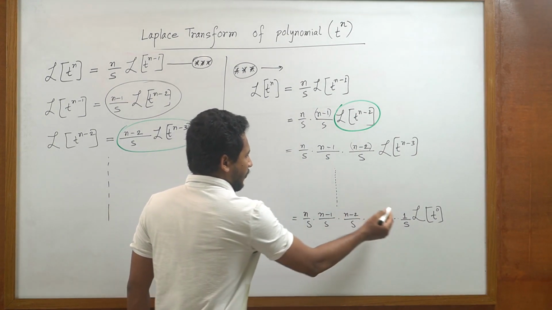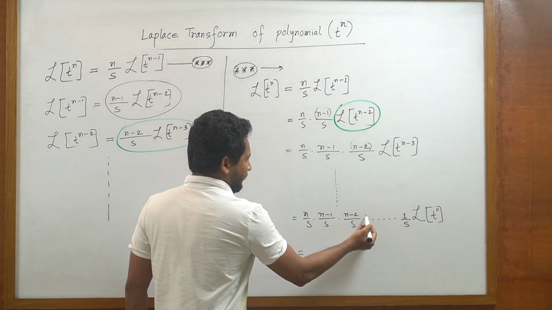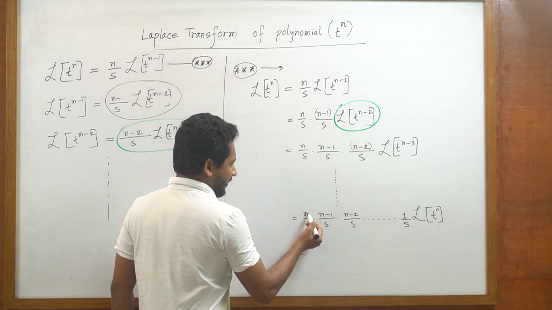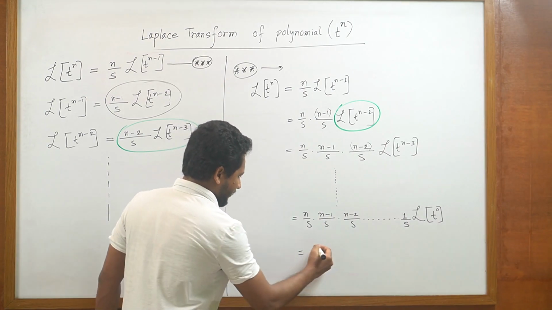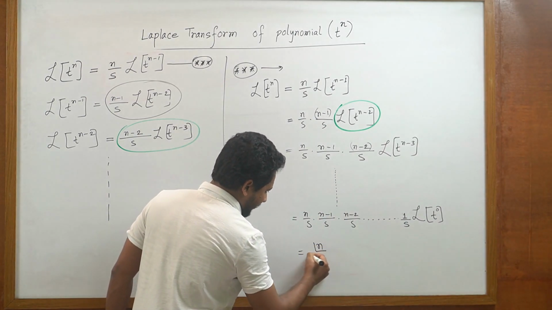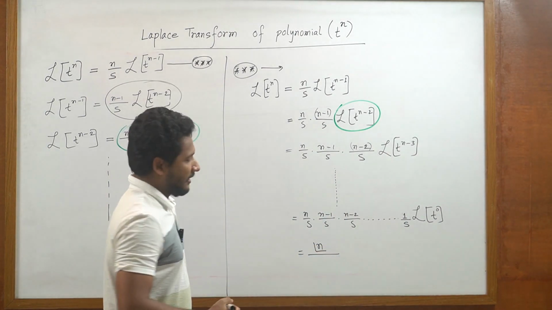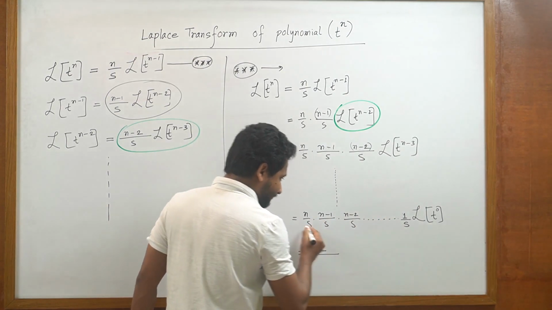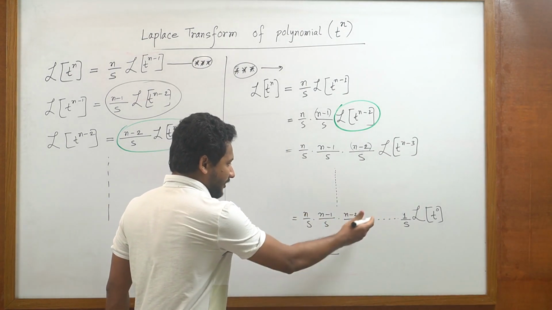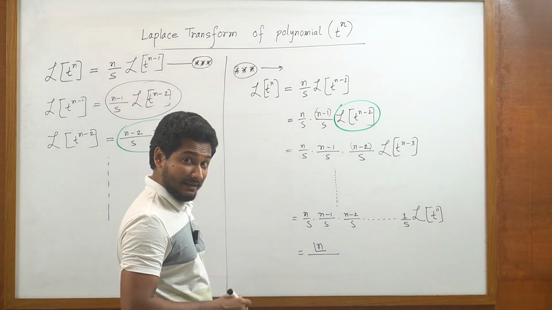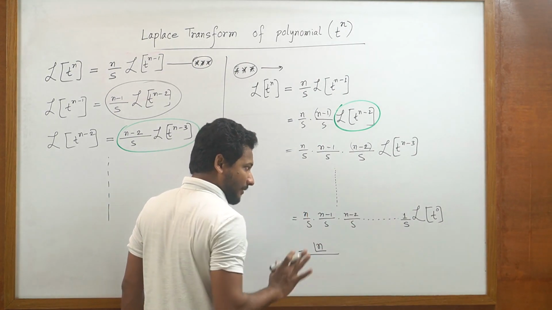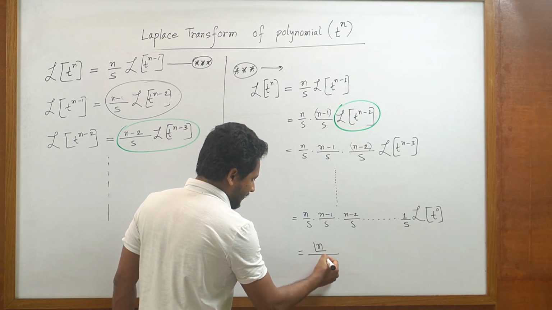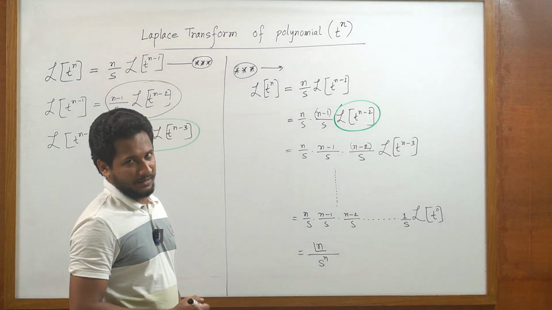Now 1, 2, 3, in this way, multiplying from 1 to n, we get n factorial, or factorial of n, and the number of s in the denominator is n. So n number of s multiplies and we will get s to the power n.